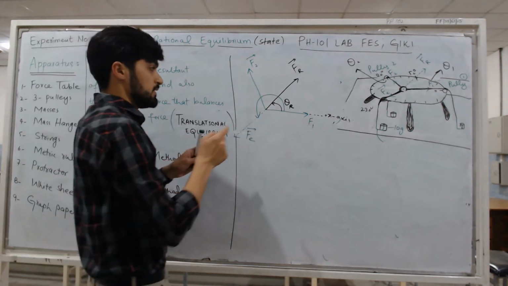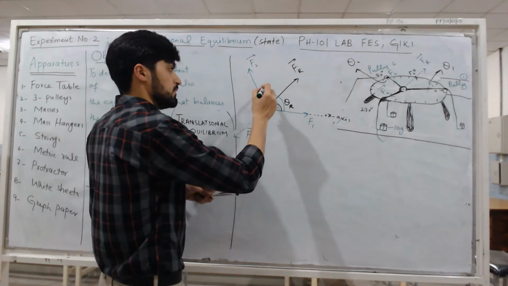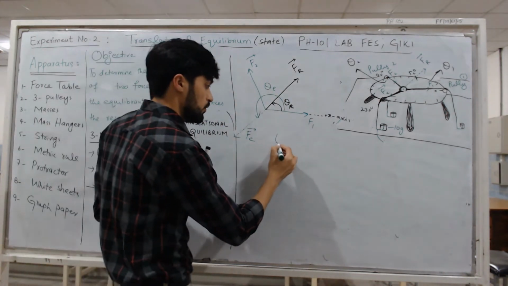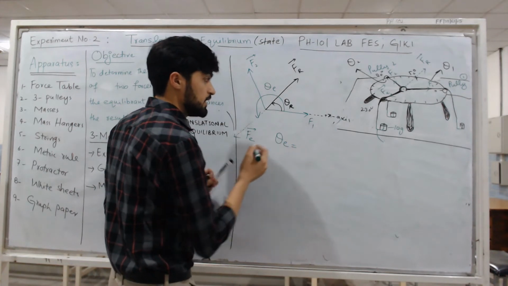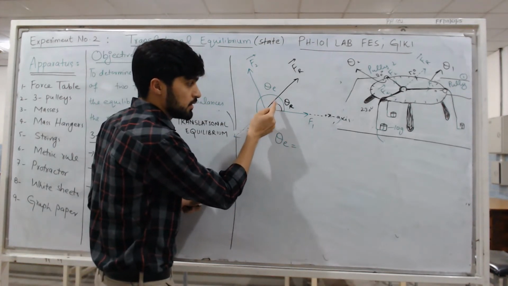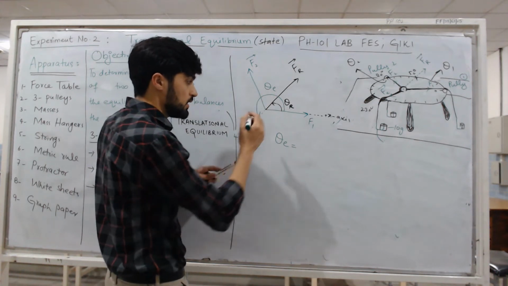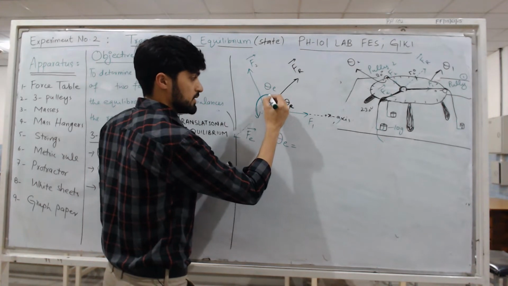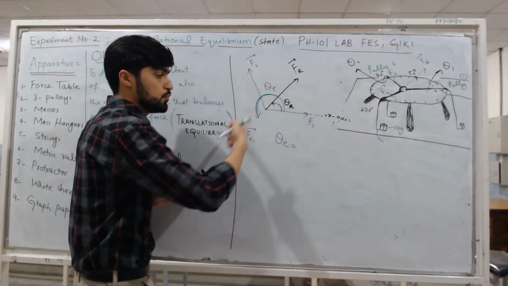It means that this is our theta E. Now this theta E is equal to, if I add this theta R with this, the total is 180 degree, because these two vectors are anti-parallel.